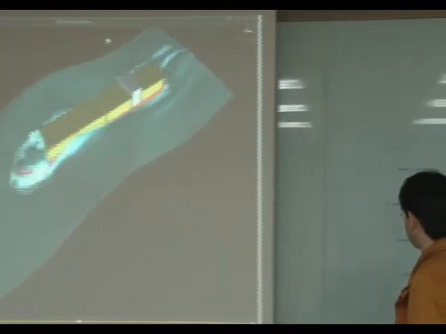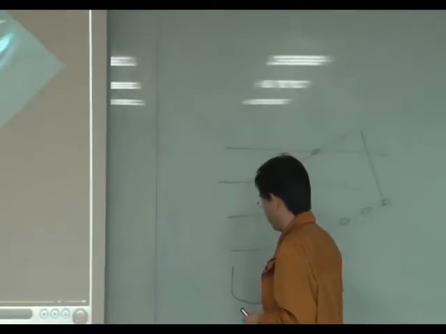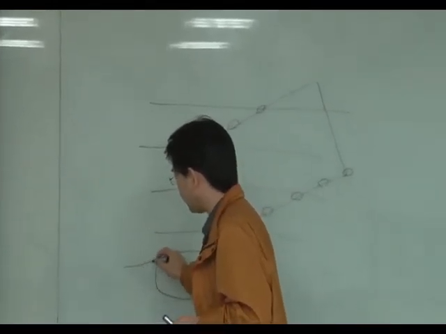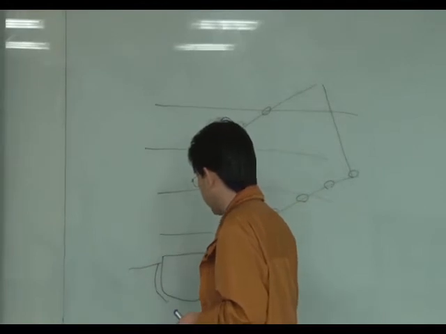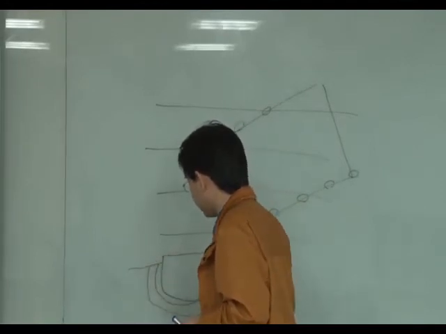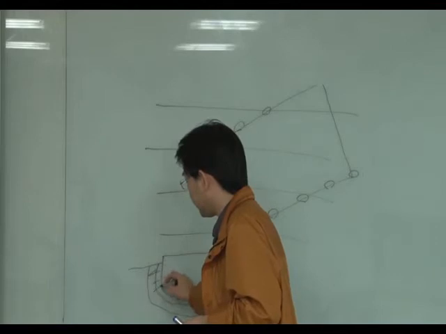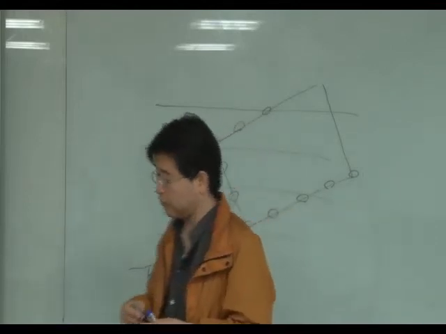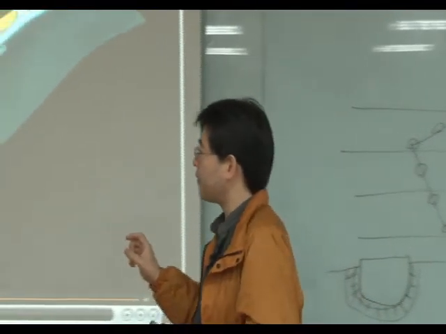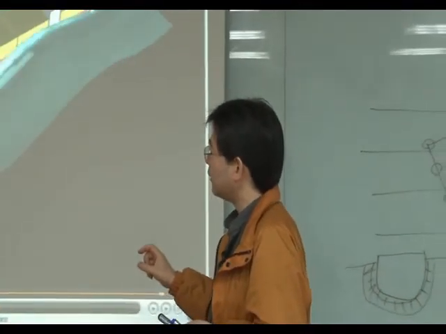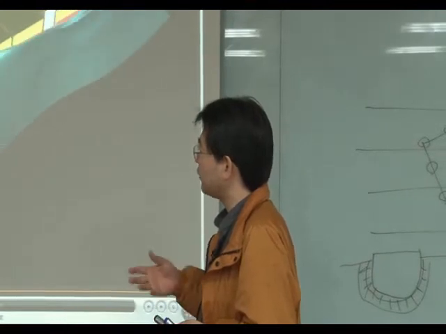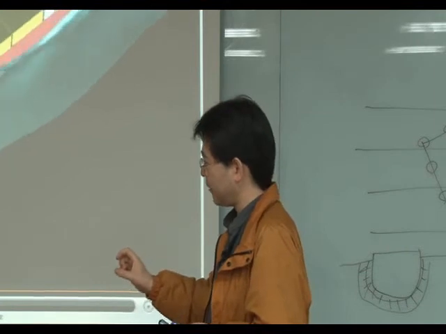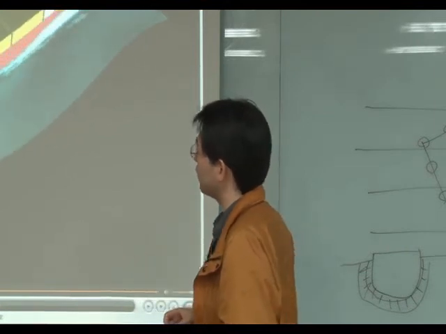But as I showed you, we need higher resolution around the ship because near the body surface of the ship, there is a very thin boundary layer, and the variation of velocity is very rapid in very thin structures.